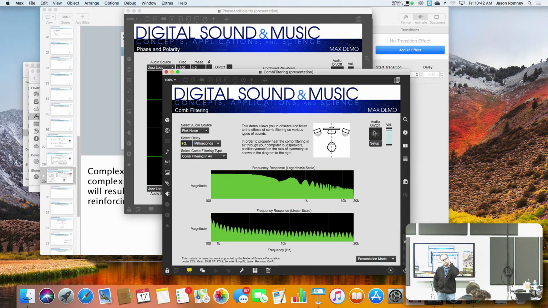But here's the good news. You have never in your life heard a completely uncomb filtered sound. What about from a single speaker? Nope. You have never in your life heard a completely uncomb filtered sound. Why? Because what happens to that loudspeaker when it makes sound?